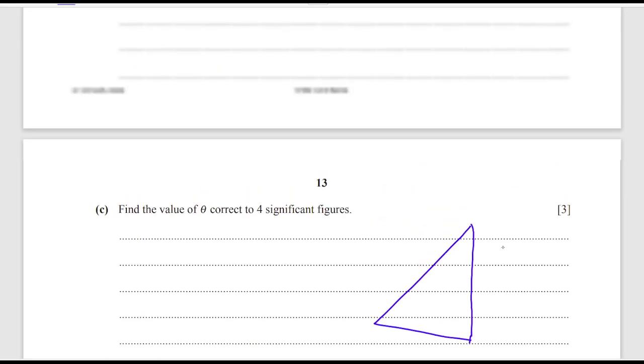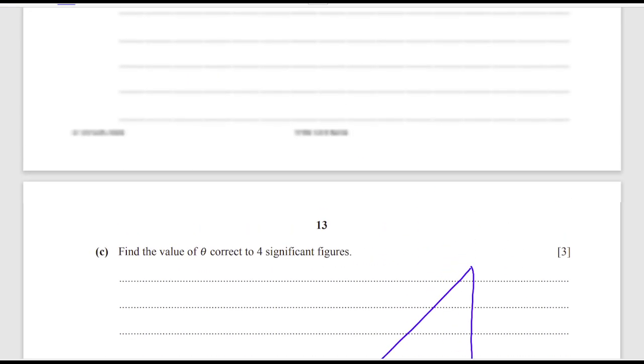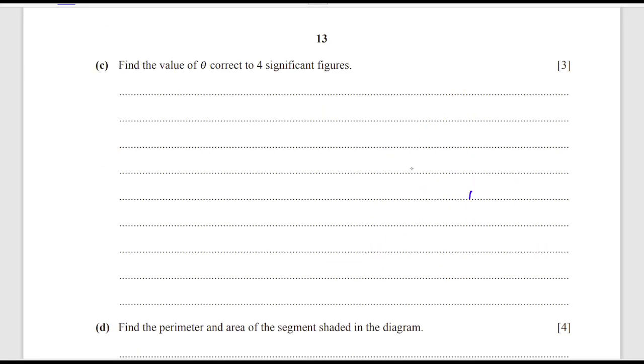So suppose this is angle theta. Divide the given isosceles triangle into two right angle triangles.